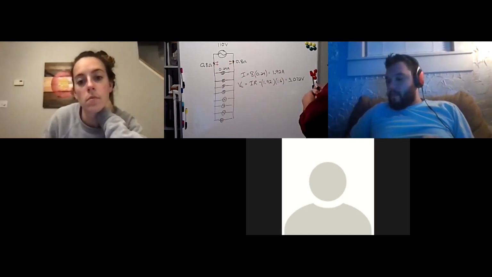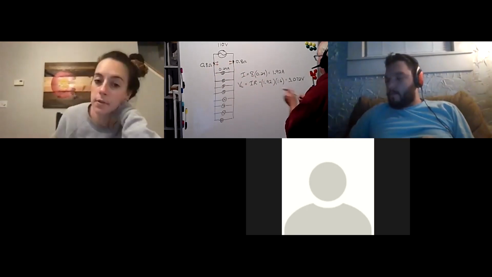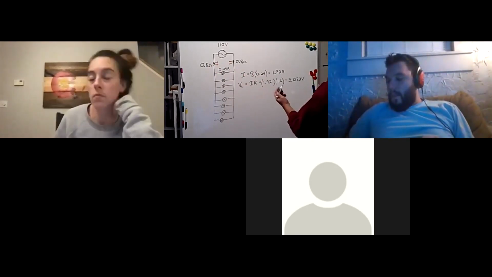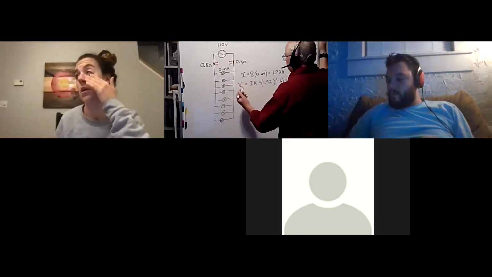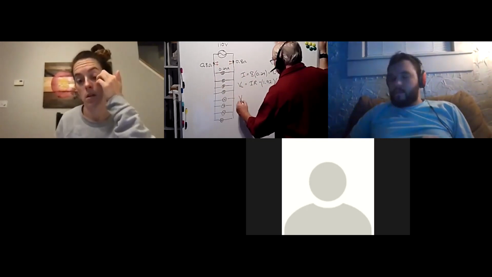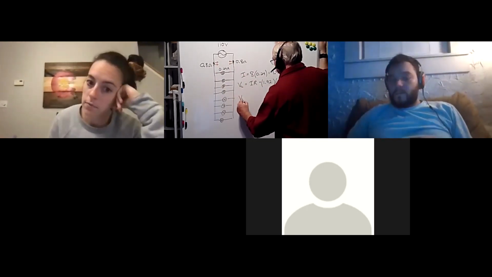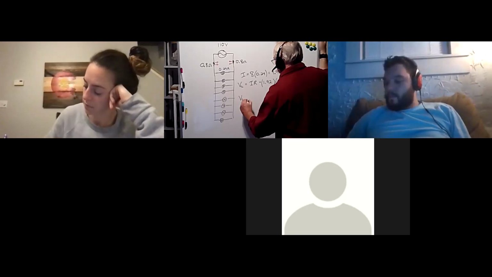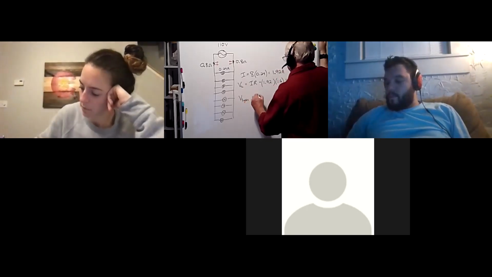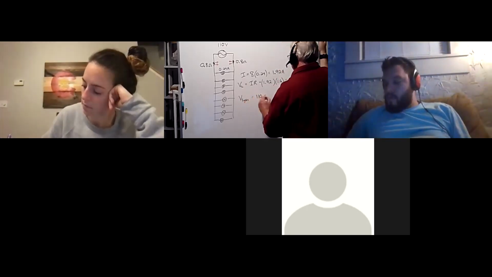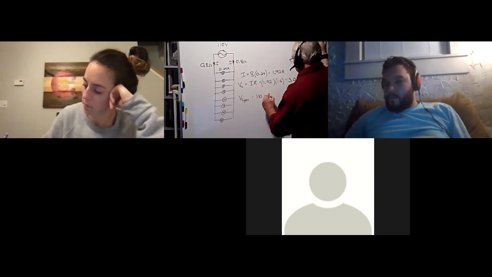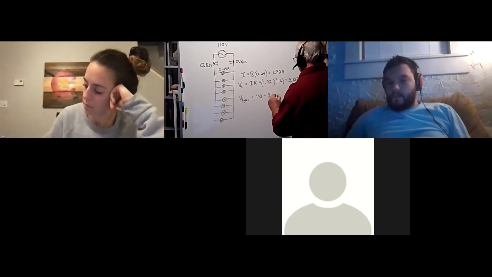So the overall power, let's see, I've got 2 leads. So voltage for the leads, that means that the voltage for the lights is going to be equal to 110 volts minus this number, which is about 3.1.